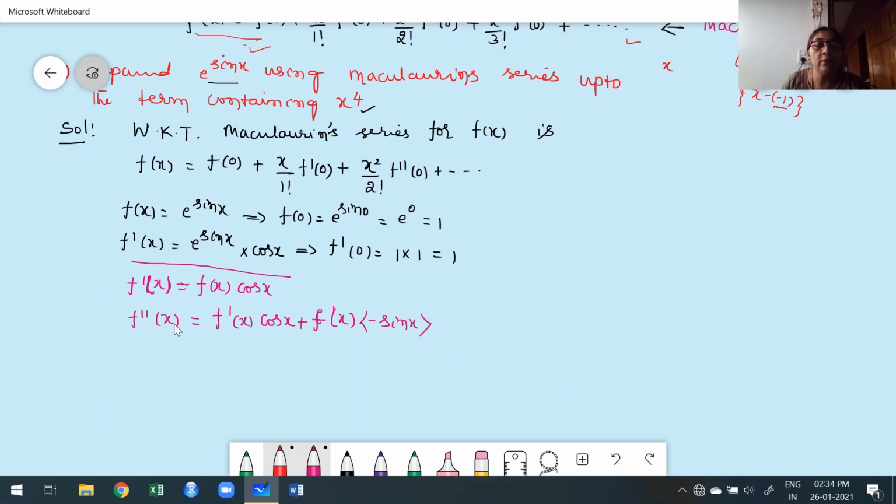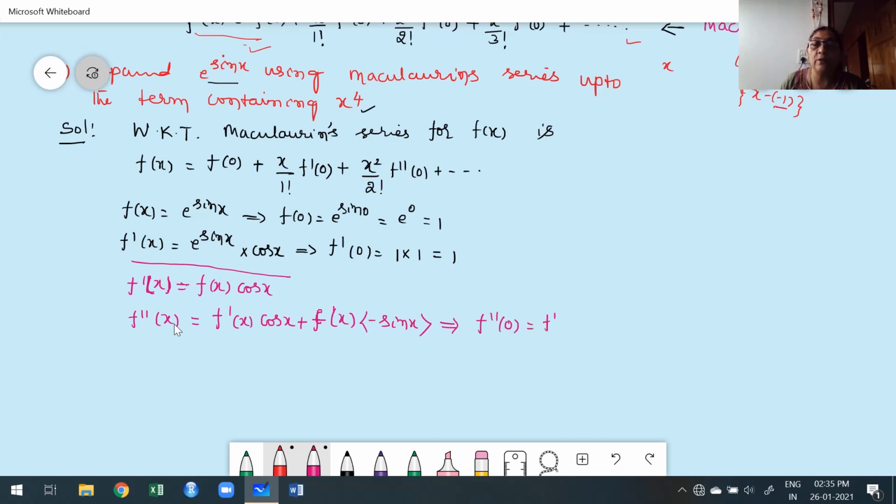Is it okay? Now, this derivative can't be expressed in terms of the previous derivative. In the previous derivative you have f of x into cos x, but here you have f dash of x into cos x. I can't replace this by f dash of x, therefore I'm going to leave it as itself. Then I have to find the corresponding value at 0.